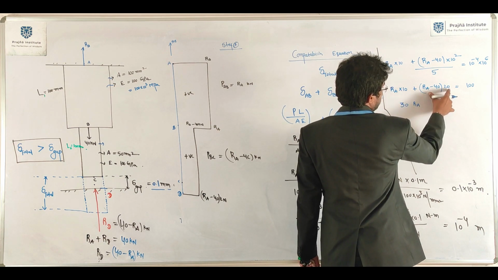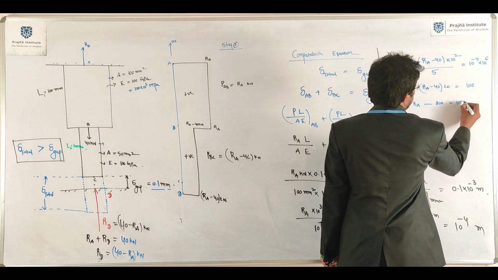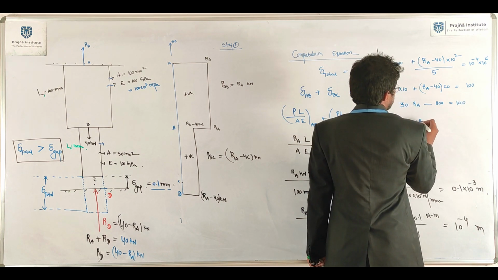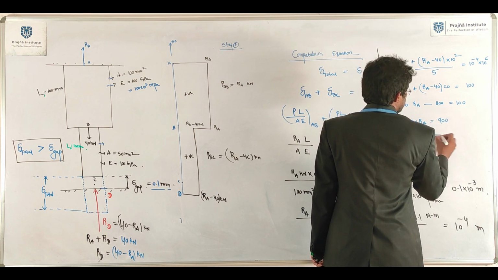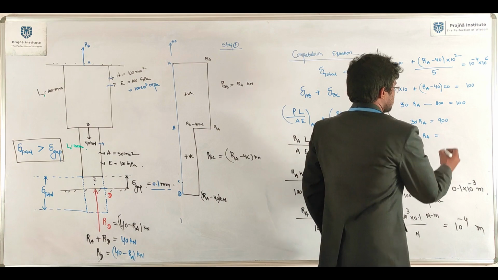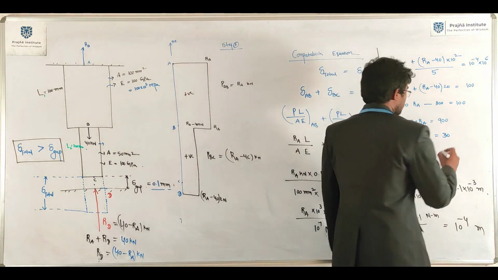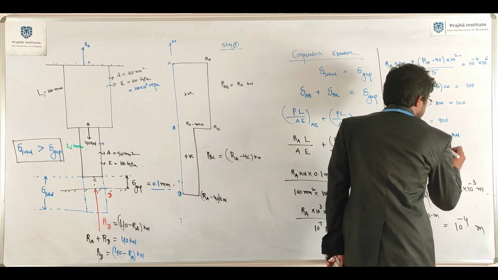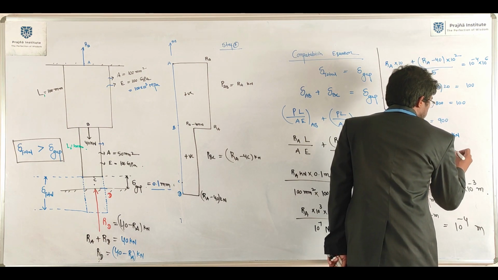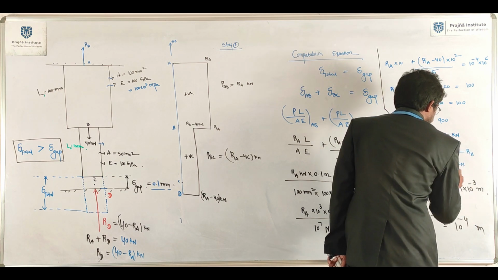So RA into 10, 30 into RA minus 800 equals 100. 30 into RA is equal to 900. RA is equal to how much? 30 kilonewton. Then RD is equal to 40 kilonewton minus RA, so you will get 10 kilonewton.